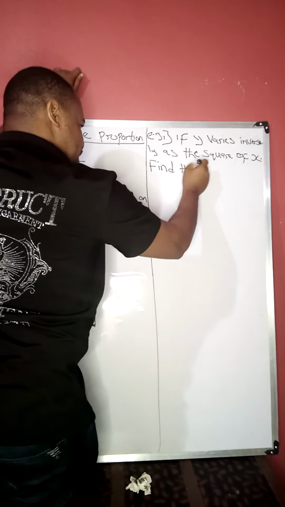Alright, now we are given this question. This is how a typical question will come. We'll still add other additions to that question, but let's see how to solve this.